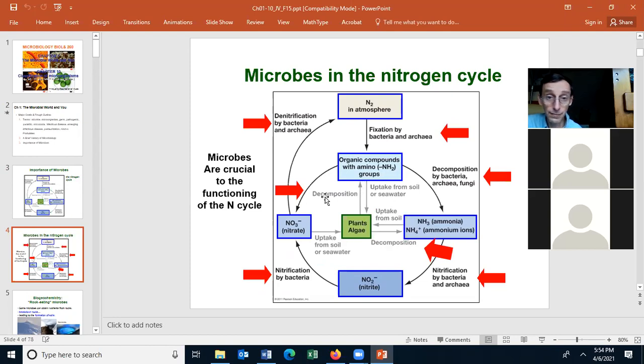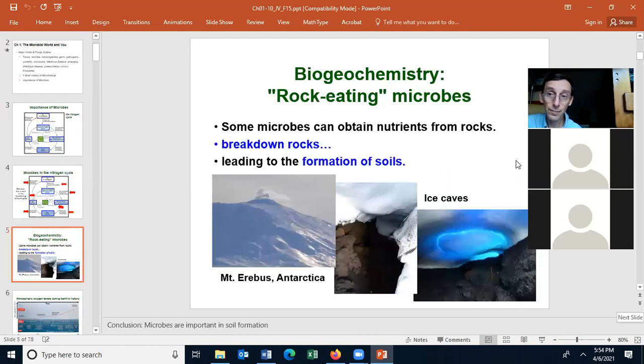But most of the steps of the nitrogen cycle are dependent on microbes. Almost all of the steps of the nitrogen cycle would not happen if there were not microbes, showing you how important microbes are in the nitrogen cycle and for the world, because obviously we need the nitrogen cycle. Otherwise, the nitrogen would always stay in one place in the ecosystem. It wouldn't be very useful to us.